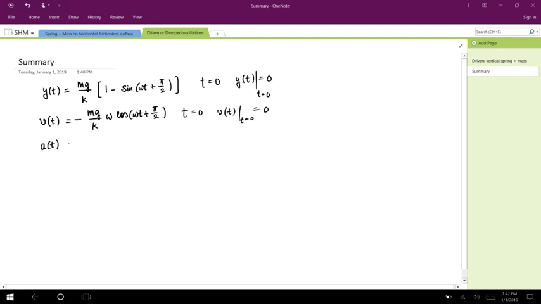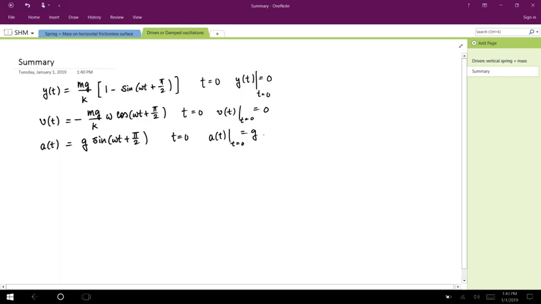Acceleration as a function of time, we found that that is equal to g times sine omega t plus pi over 2. So at time t equals 0, the acceleration is just acceleration due to gravity.